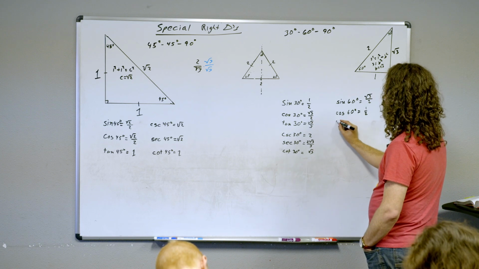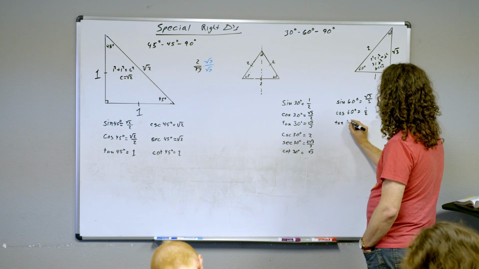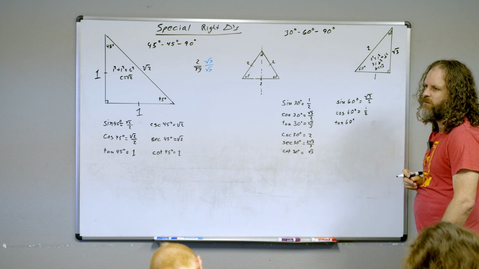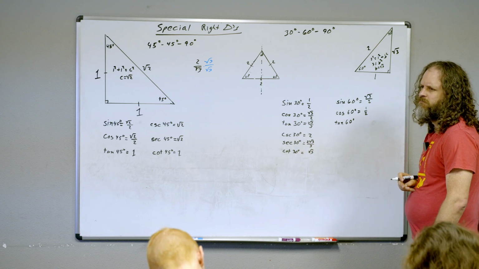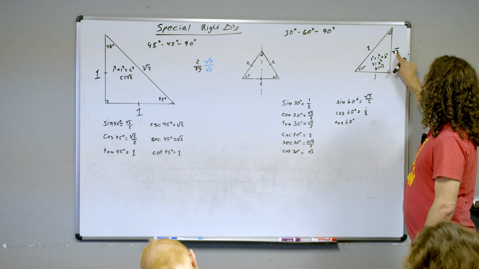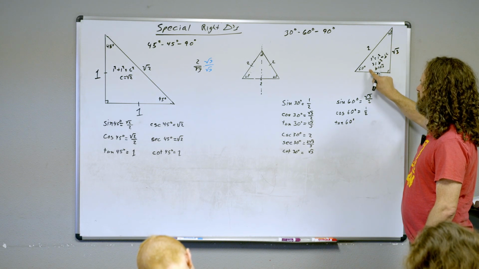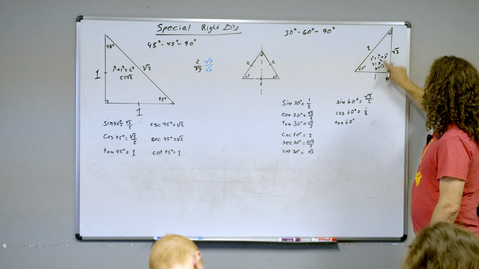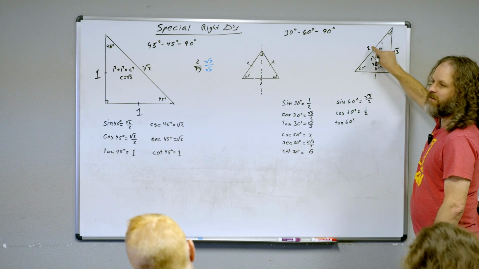You know where they come from because of where they are on this triangle. So this is opposite this one, this is adjacent this one, and this is the hypotenuse. But for the 30, this is opposite, this is adjacent, and this is hypotenuse.